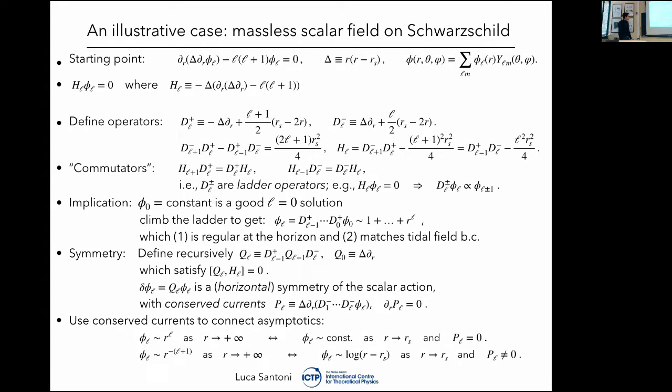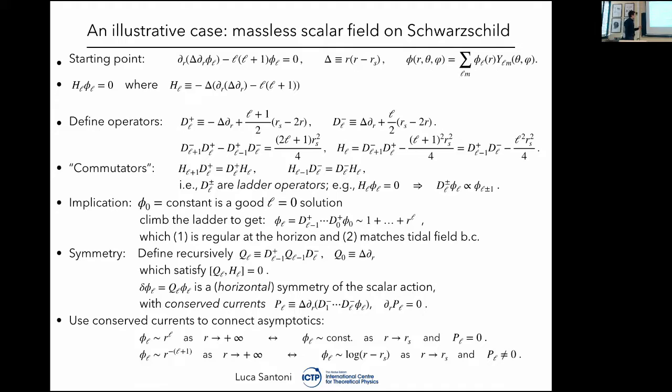Perfect. Okay, very nice. Now, let me add another ingredient. Let me define another object, which is this Q_L operator here, defined recursively in this way using this plus minus operator. And actually, you can check that this Q_L basically commutes with the Hamiltonian. So in this sense, it is conserved in some sense.